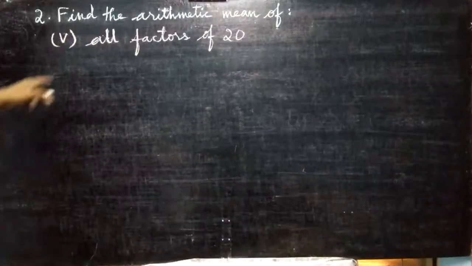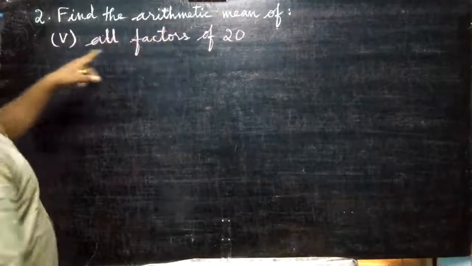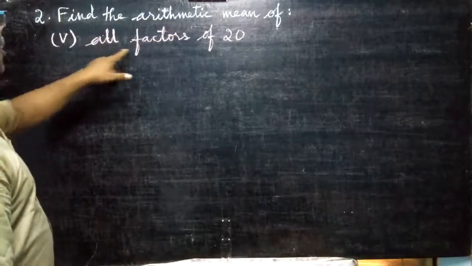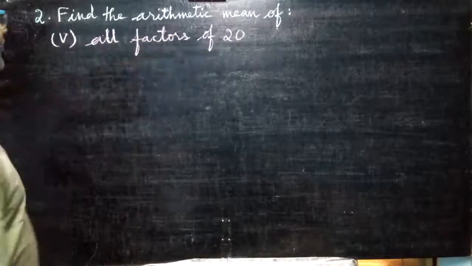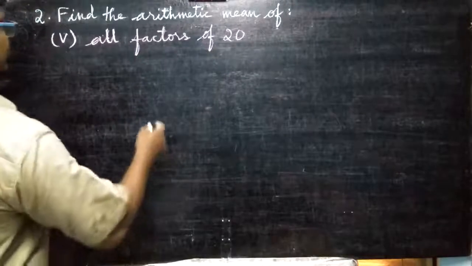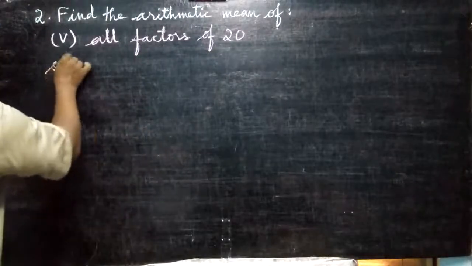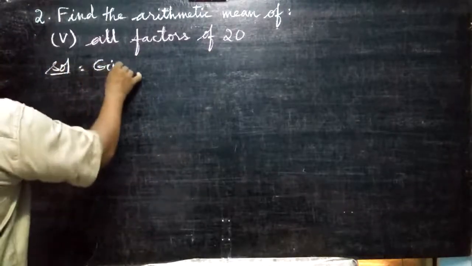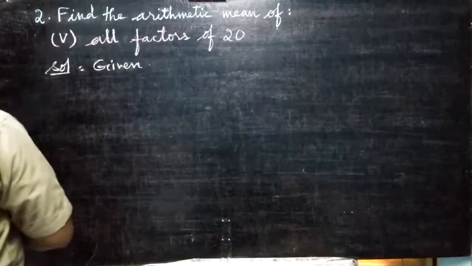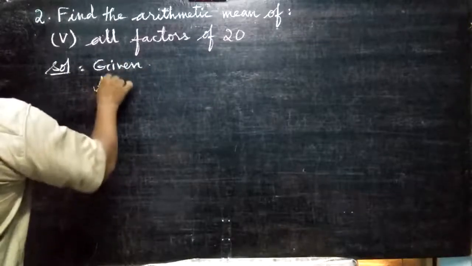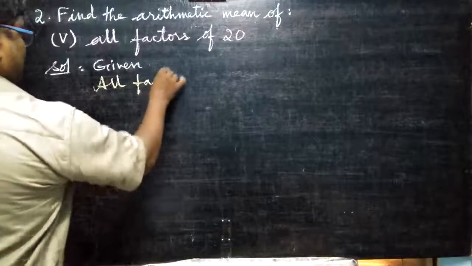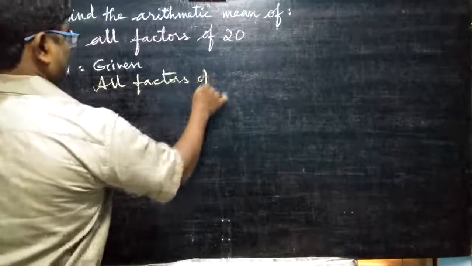Now same problem, find the arithmetic mean of the fifth bit. All factors of 20. We have to find all the factors of 20. Solution given. What they are asking to find: all factors of 20.